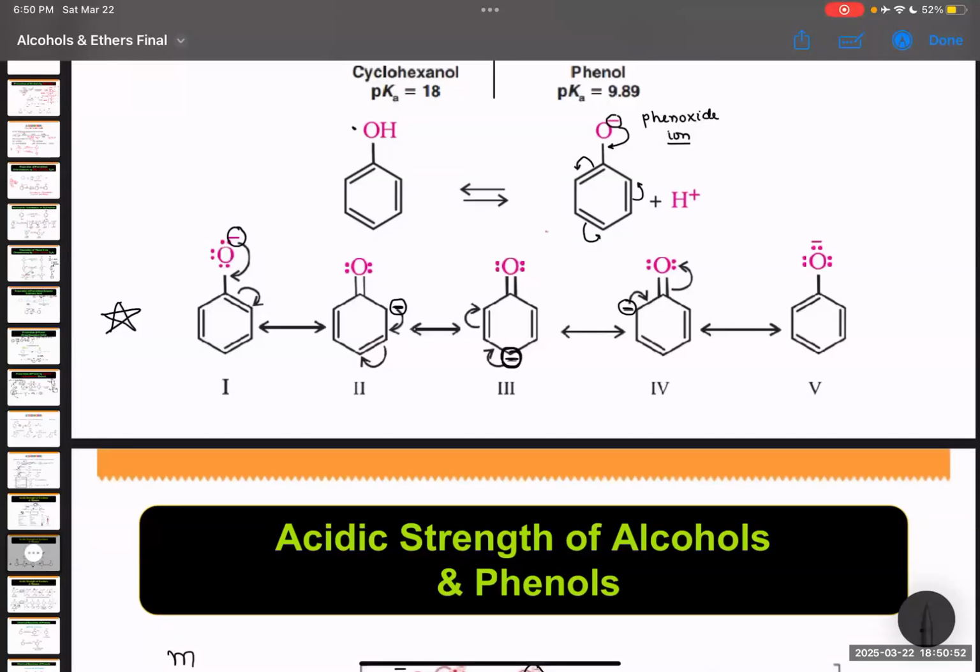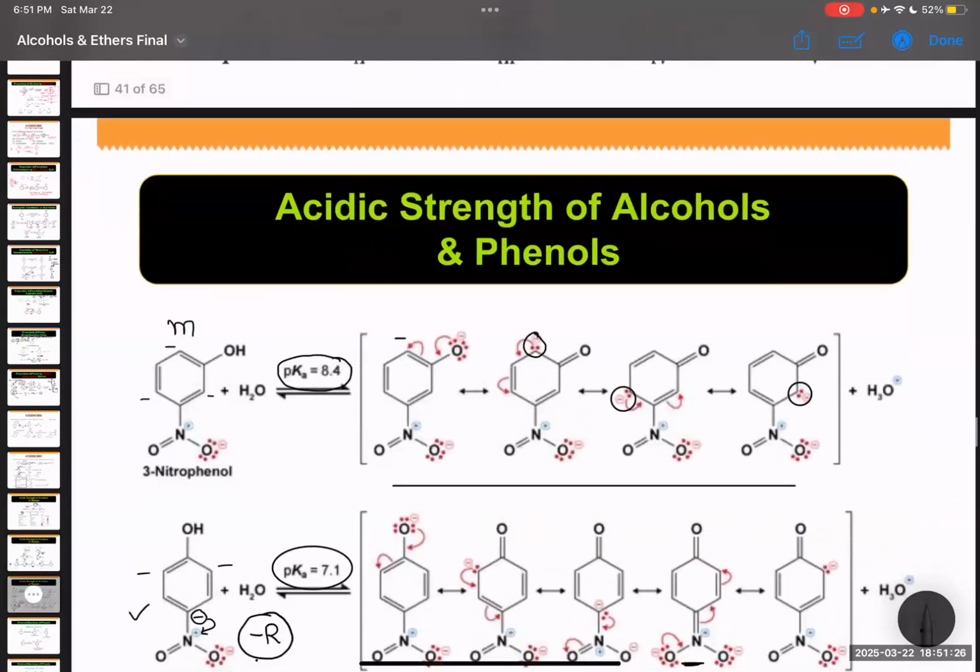Either for the phenol or for the phenoxide ion, when the lone pair is delocalized with the benzene ring, you will see the negative charge coming on ortho positions and para positions. So these are the positions which are more electron dense, more rich, which carry electron density. So whatever reaction you are going to perform will occur on ortho and para positions. I hope this is clear to everyone.